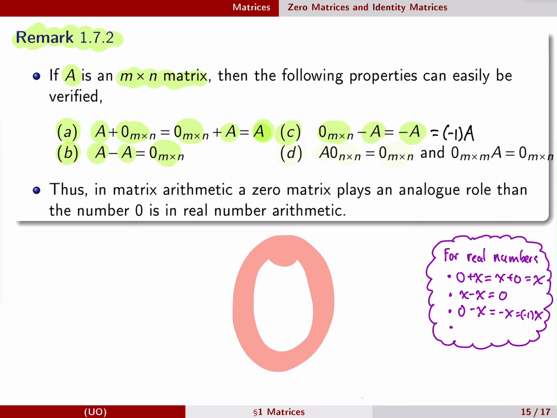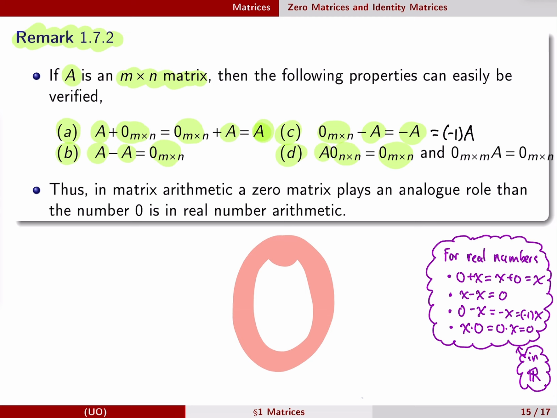The final property is that if you have a zero matrix of the right size, so for example, because A is m by n, if you multiply by the square matrix 0 n by n, you're going to get the box back filled with zeros. Just like if you multiply a number by 0, you get 0.